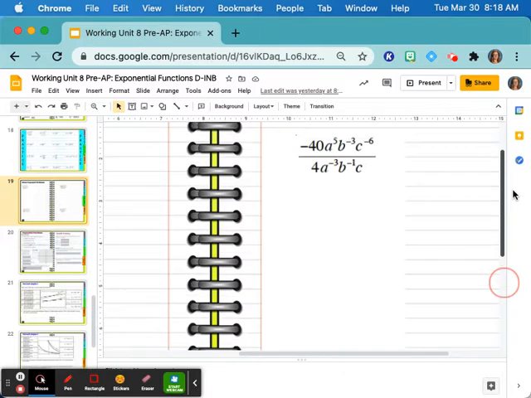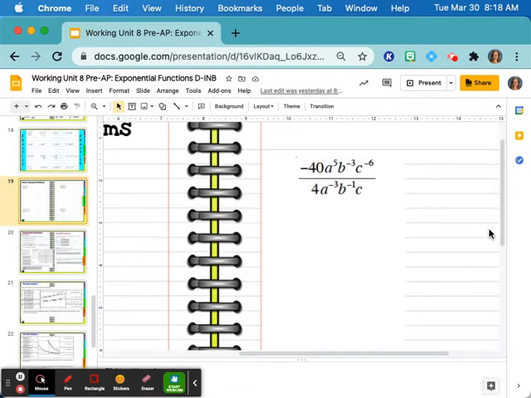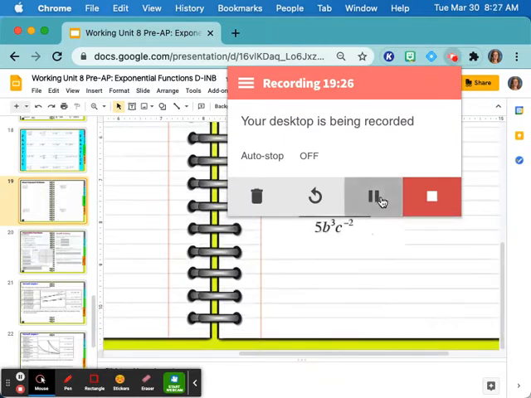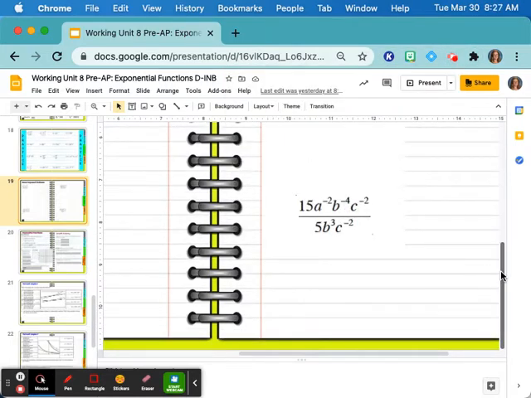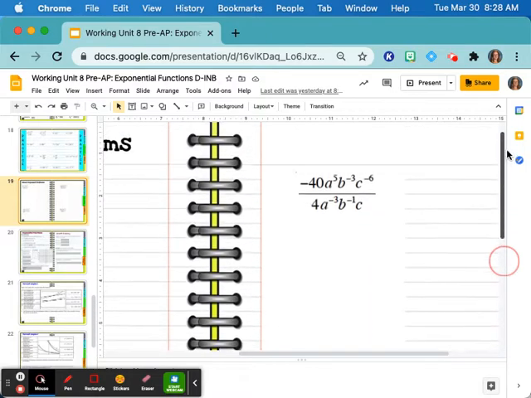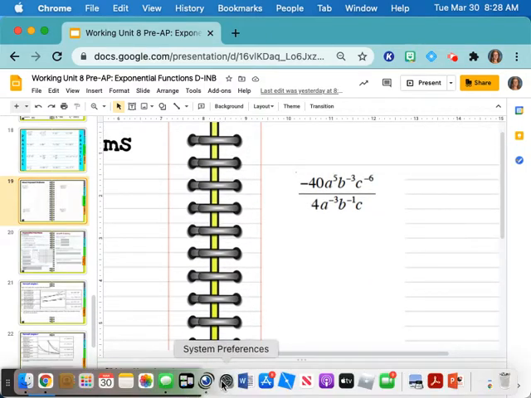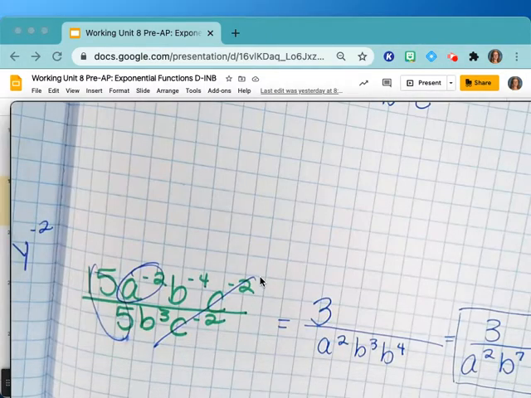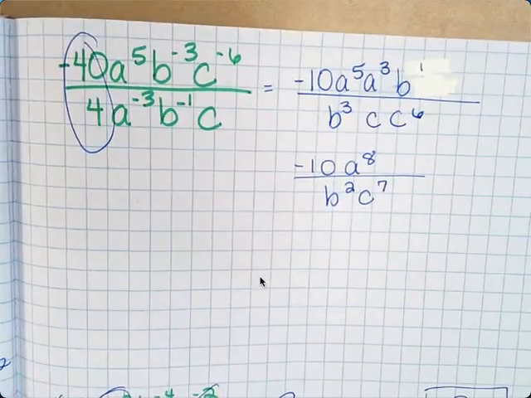All right, I want you to do the next 2 on your own, and then we'll check them. So hopefully I've given you enough time to finish these 2. So let's look at the work, and y'all double check me, make sure I did it right. So here's my work.